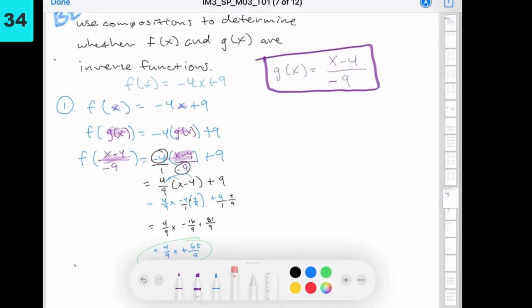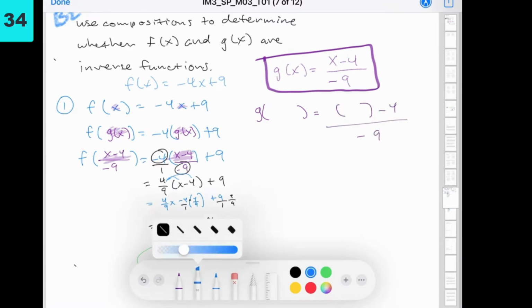So you have g of x minus 4 over negative 9. Is my pen not writing? Let's see. Oh, it's on eraser. And what we're doing here now is we're putting this g of x into here.